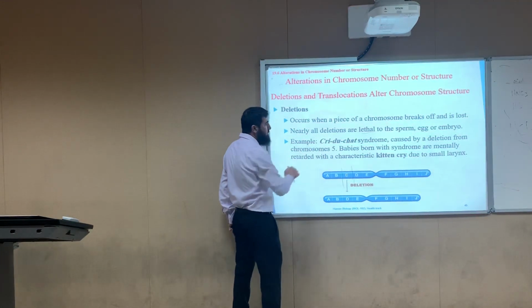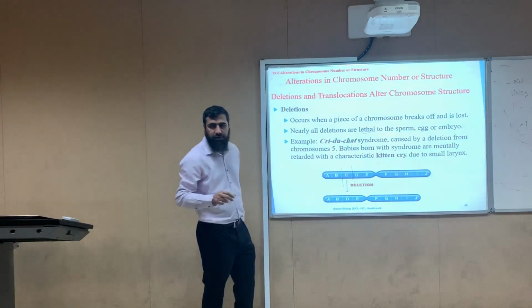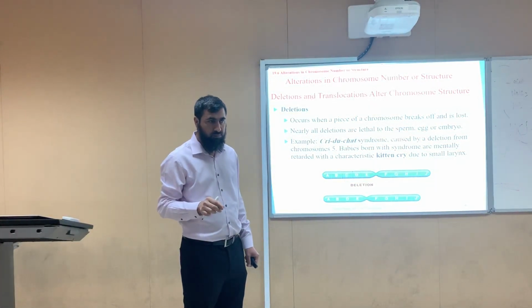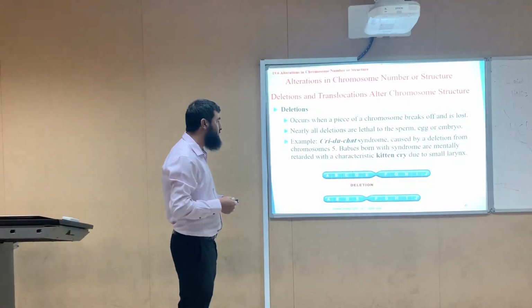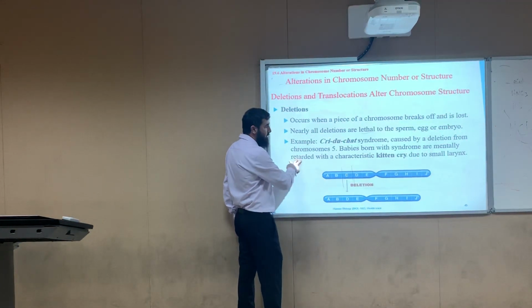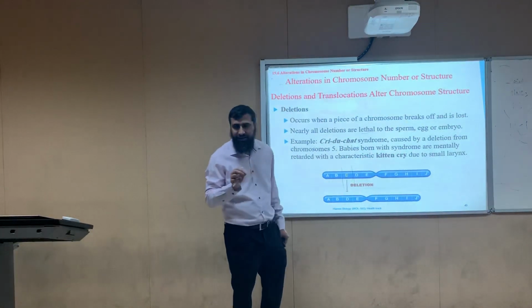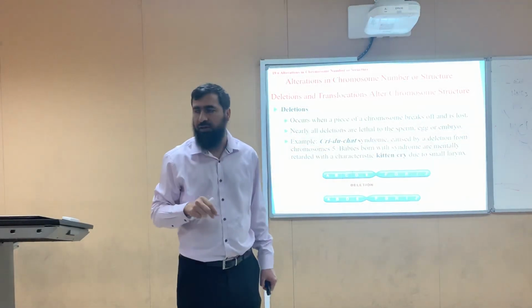For example, in this disease, Cri-du-chat syndrome, there's a deletion in chromosome number 5. The people who have this are very mentally retarded. They have this kitten cry. They cry like a kitten because of the problem with the small larynx.